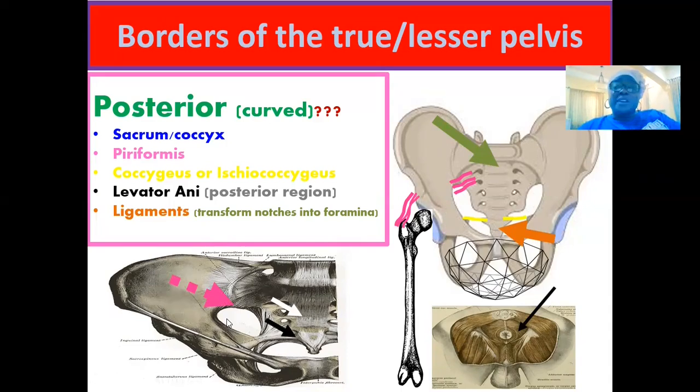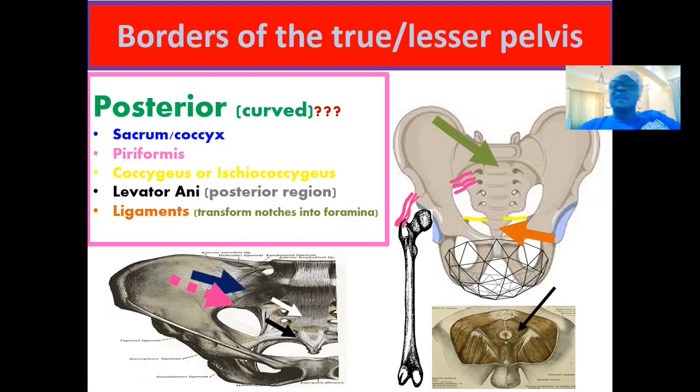Remember that the true pelvis is the space located inferior to the pelvic brim. So if you have the pelvic brim around this region, it means that the inferior region of the anterior sacroiliac ligament is what will be seen at the posterior border of the true or the lesser pelvis. So it's good for us to be able to distinguish the different regions that form alignment with the posterior border of the true pelvis.